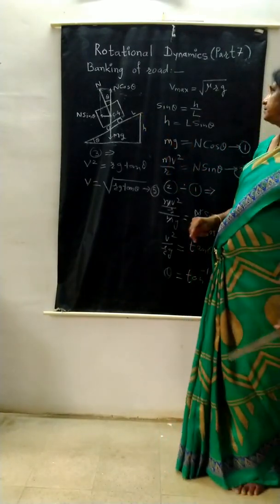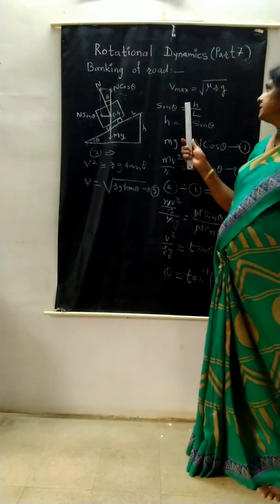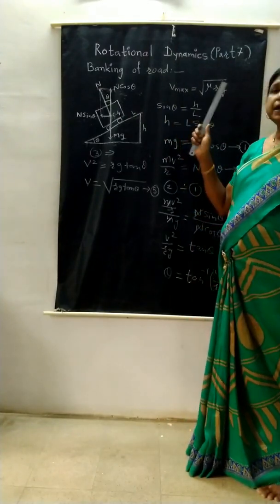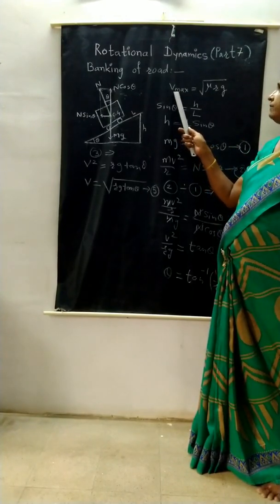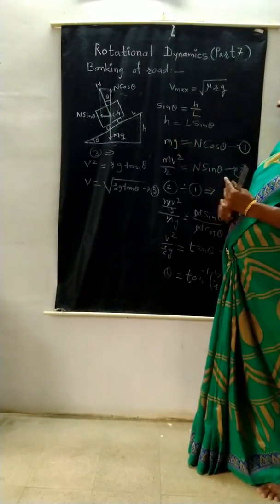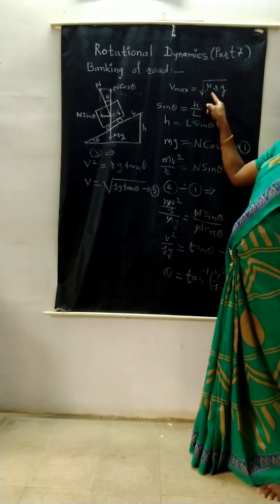In the previous period, we have seen that on an unbanked road, the maximum safe speed is given by Vmax equal to under root of mu rg.